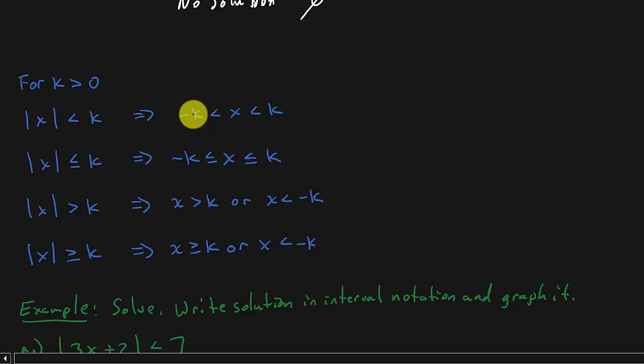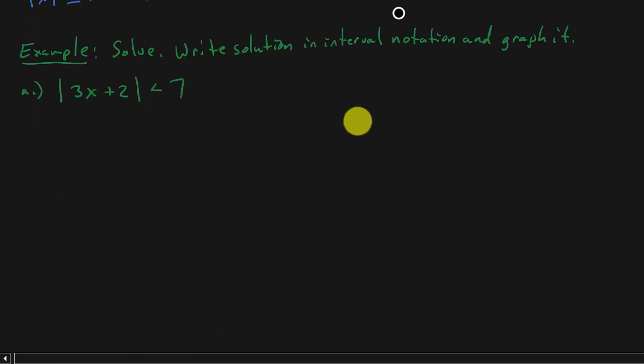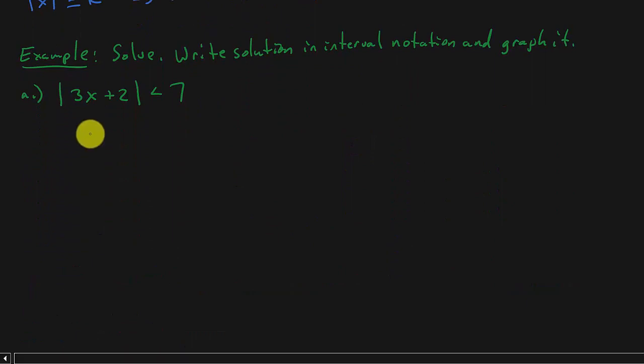And that's it. So we've got negative 7 less than 3x plus 2 less than 7. I just wrote the k on each end and what's inside the absolute value in the middle. And this k over here has a negative in front. And that's all it is.